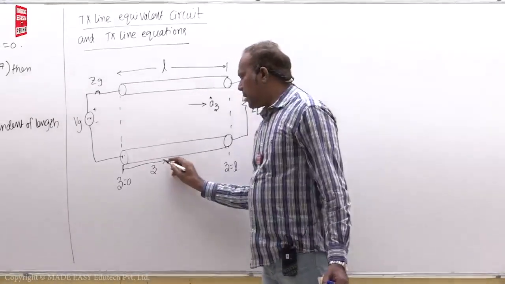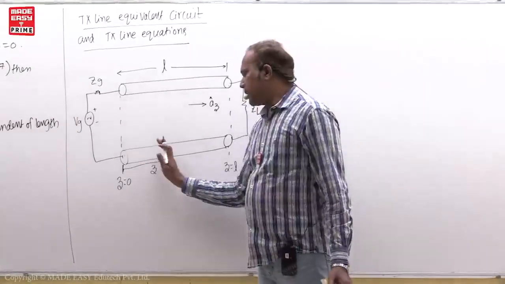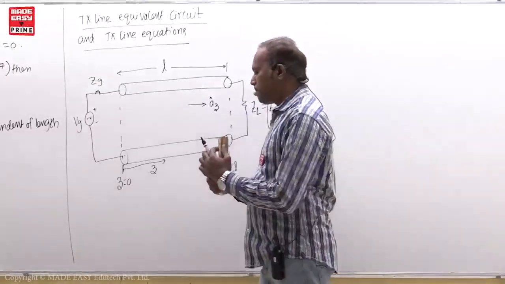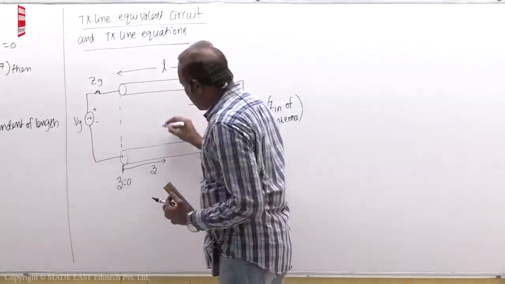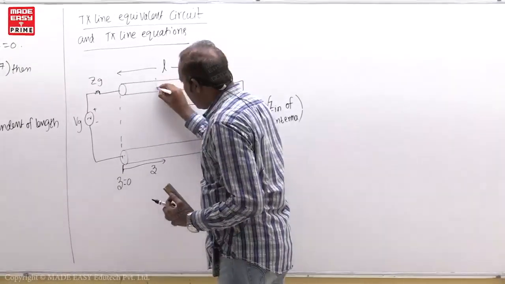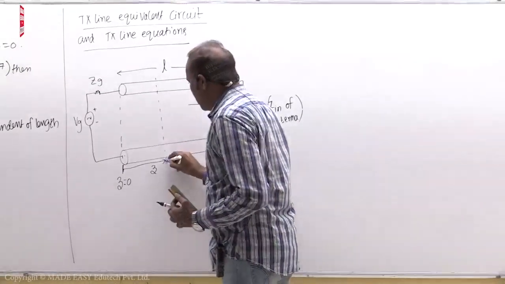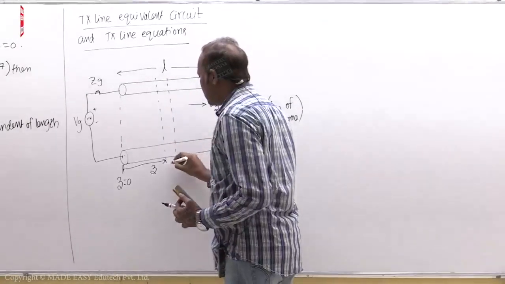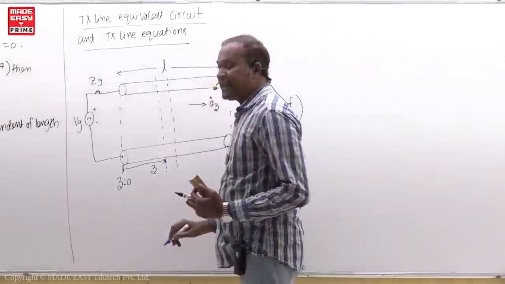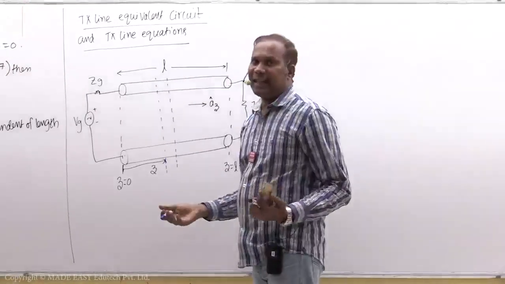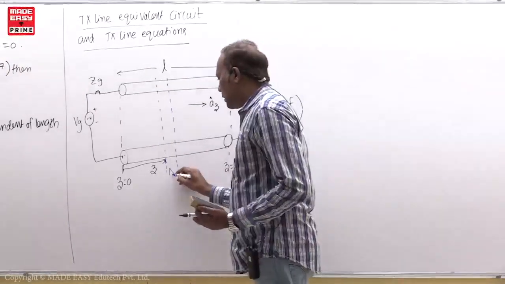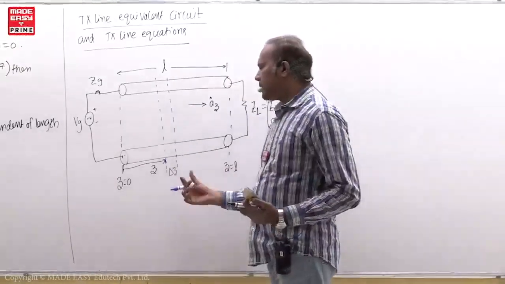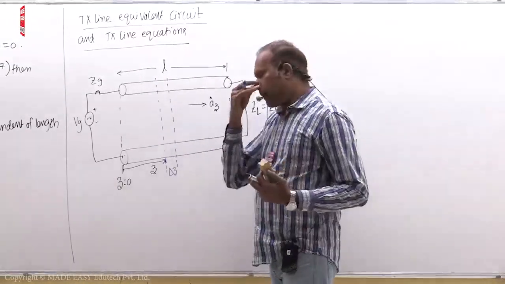At some distance called small z, you go to some distance. There you select a very small length called dz or otherwise delta z. So delta z or otherwise dz. So this delta z is a very small length.